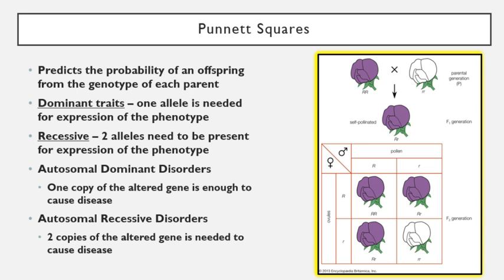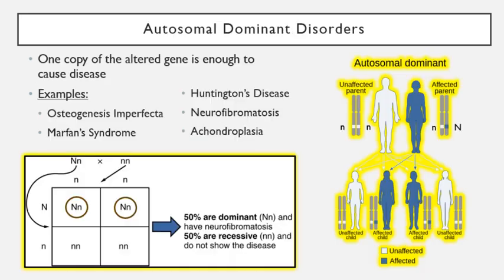If not, you'll see why that's going to become important later on. Dominant traits, I think we went over all this. So what we're going to talk about is autosomal dominant disorders, autosomal recessive disorders, and different Mendelian genetics.